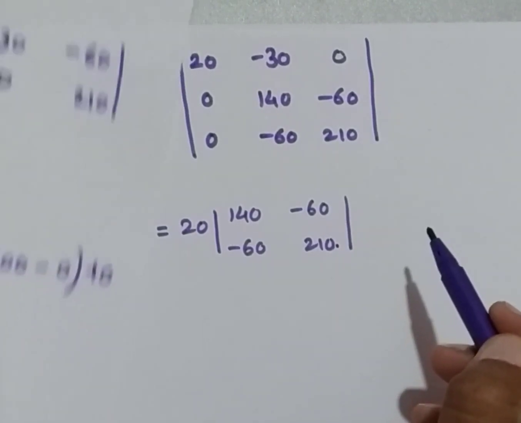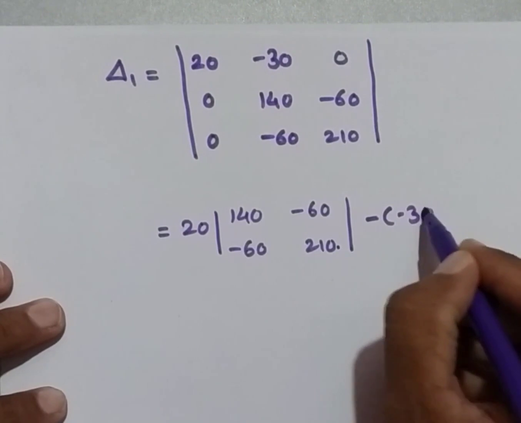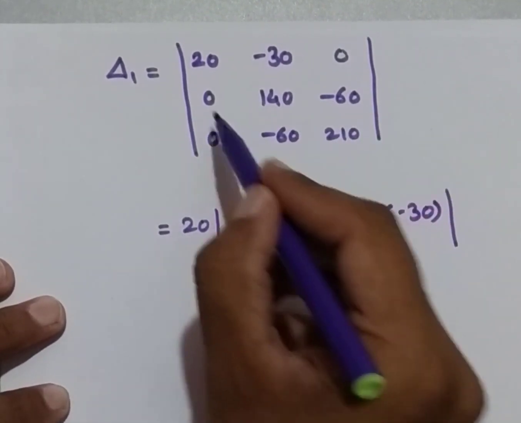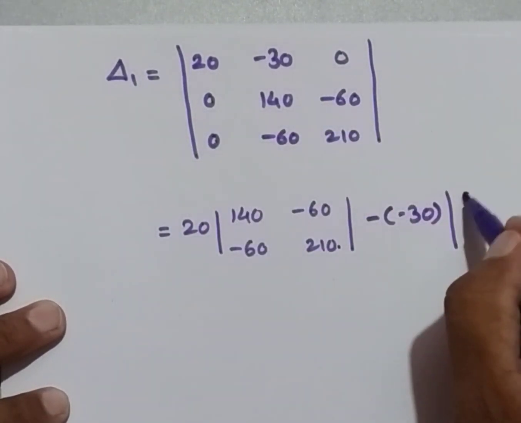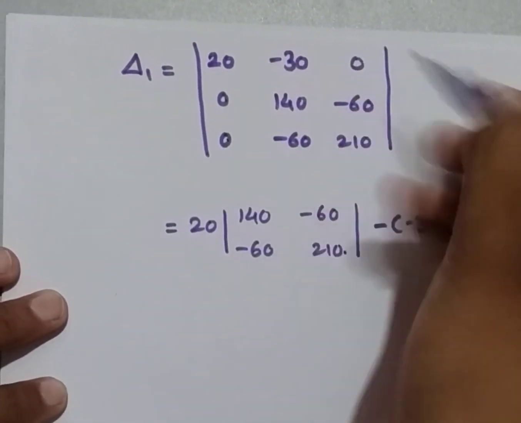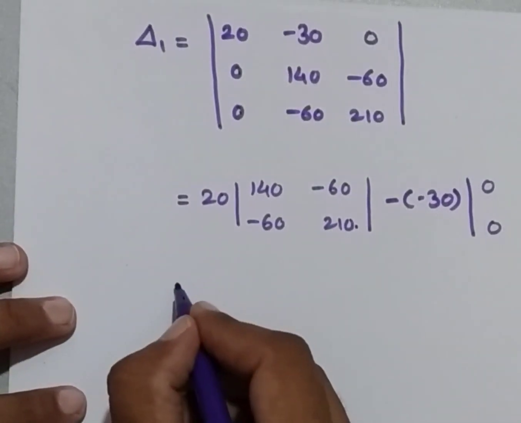Then minus of minus 30 multiplied by, now you have to exclude this column, these zeros are there, so multiplication with 0 is going to result in 0, but still I am going to write it. And plus 0 multiplied by anything is again going to become 0, so I am not going to write the further details.